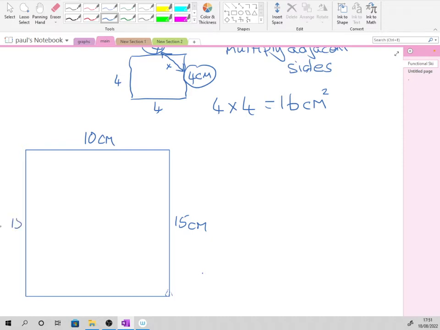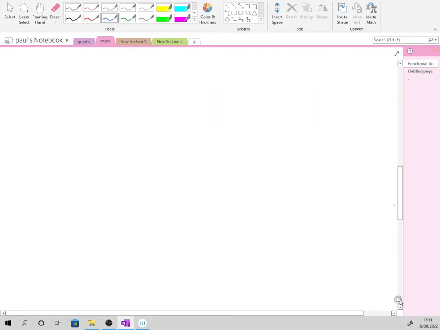It would mean that that was 15 and that was 10 because the opposite sides are the same as each other. Now, if we multiply these two together, we go 10 times 15, which equals 150 centimeters squared. That's it. You just multiply two different sides, two adjacent sides together.